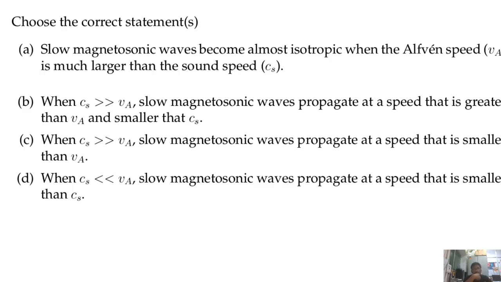Is it true? Obviously, the slow magnetosonic waves will propagate at a speed that is smaller than V_A. Okay, fine. When Cs is less than V_A, now this time waves propagate at a speed that is smaller than Cs. Fine.